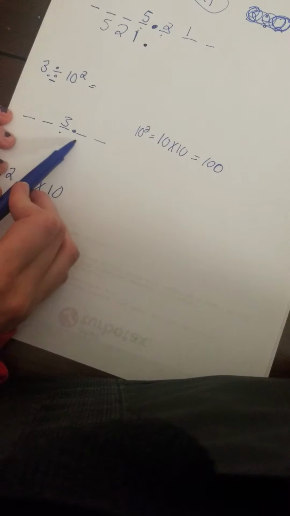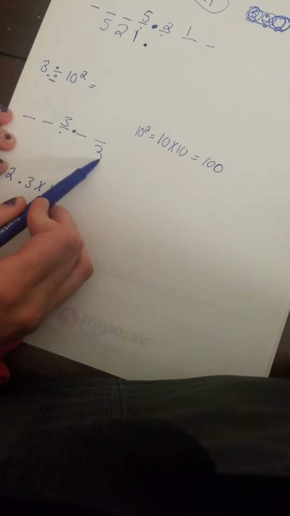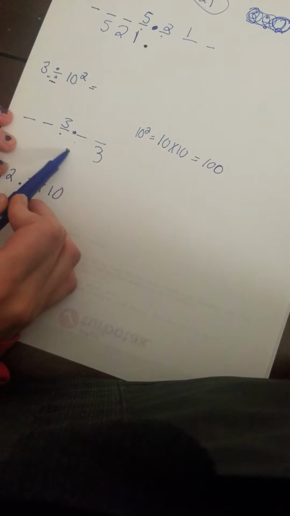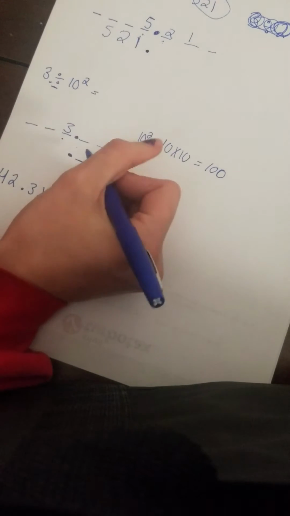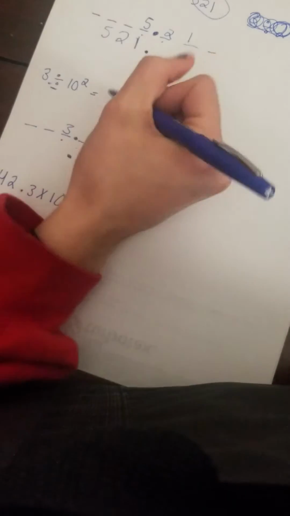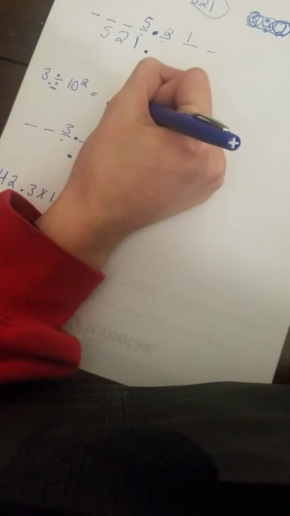So I'm going to start with my 3 and count backwards 2. 1, 2. My 3 is going to land right here. However, we can't leave this spot empty, so that's going to be filled with the 0. And our answer is 300ths, written just like this. So 3 divided by 10 to the second power is 300ths.